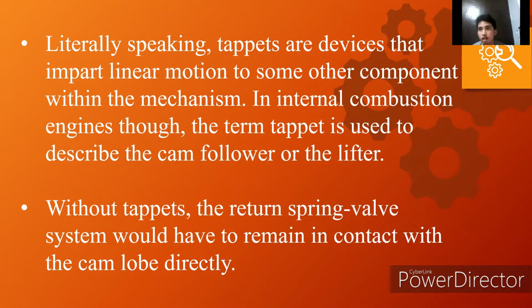Kasi, yung camshaft, gaya ng sinabi kanina ni Sir Eduardo, is naka-connect rotationally sa crankshaft. So, kailangan ma-convert yung rotation na yon into linear motion. So, tappet's role is to convert the rotation into linear motion.